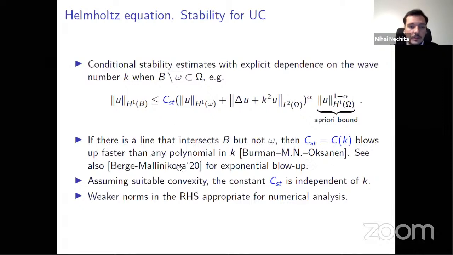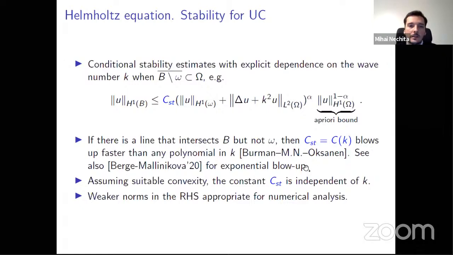And a recent preprint by Berger and Malinikova shows that for the Helmholtz equation, such kind of three-ball inequalities must have the stability constant blowing up exponentially in the wave number. In their paper, the L infinity, the maximum norms are used.